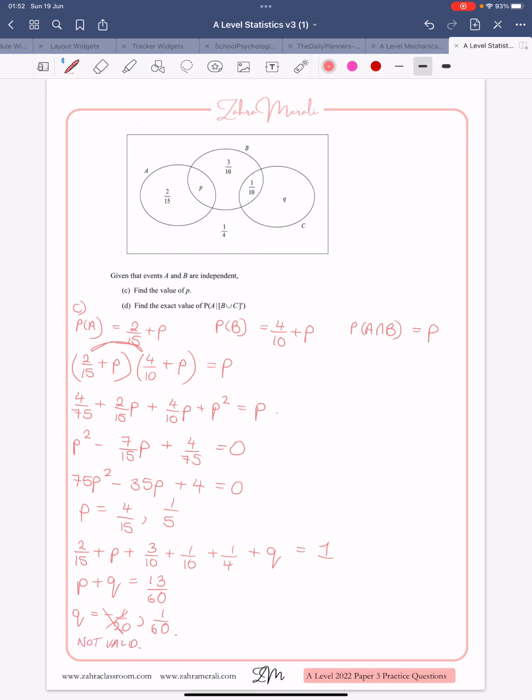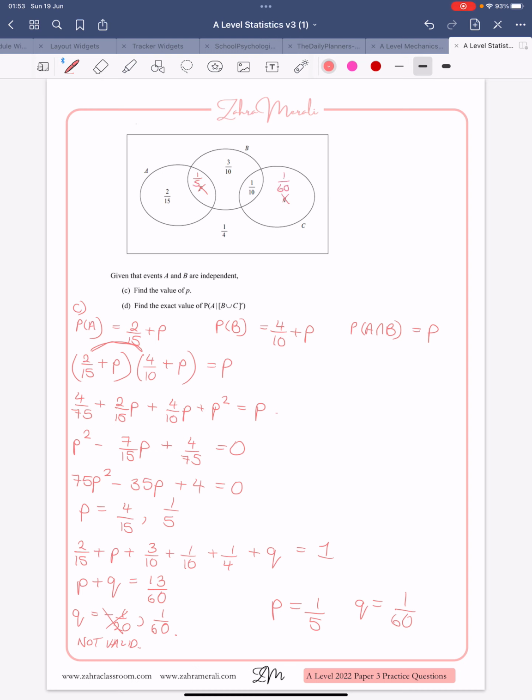And so therefore our answers are P equals 1/5 and Q equals 1/60. So if we make sure that's correct, we can sub them back in and double check we've done that right, which we have, and that's your final answer for those two. So I'm going to replace that with 1/5 and that with 1/60.